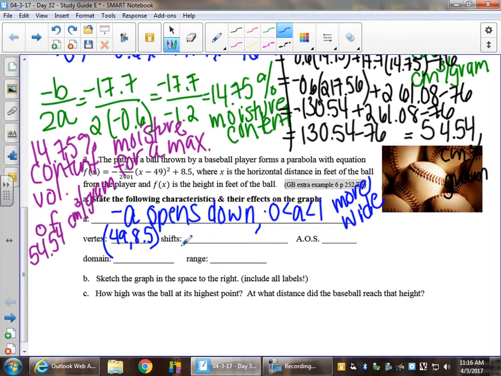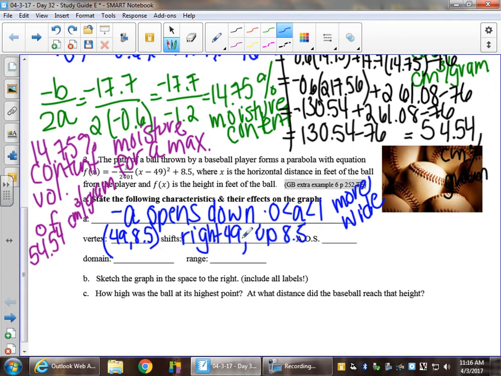How can I describe my vertex in words? Is 49 positive or negative? It's positive because we don't pull out that negative. Remember, it's part of the equation. So can somebody explain to Emmanuel why it's positive 49? Because there's already a negative built into the equation, so we just pull out that H, which is just 49. So if it's positive, how is my shift going to be? Right 49 and up 8.5.